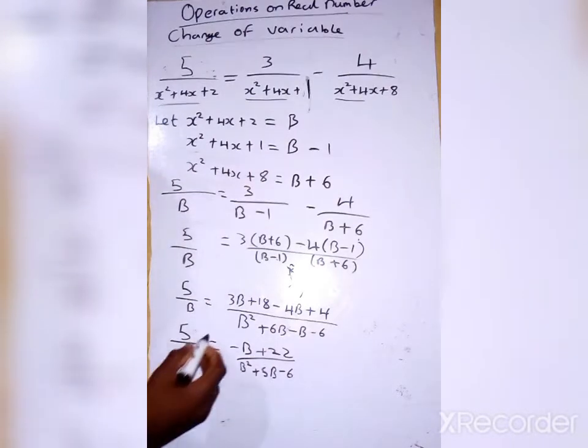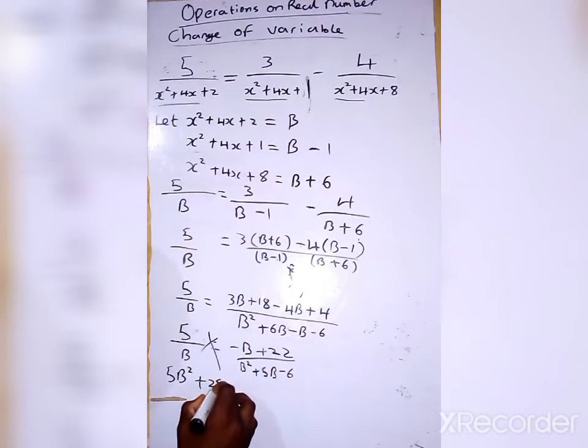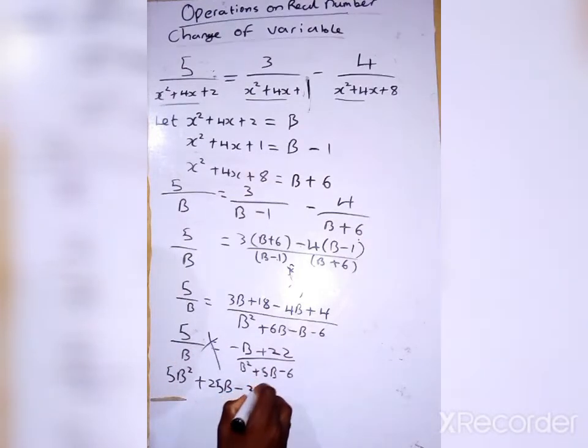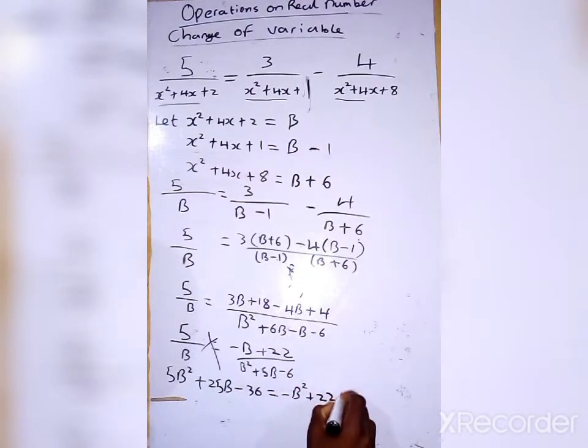Now we cross multiply. By cross multiplying, at the left hand side we have 5b squared plus 25b minus 30, which is 5 times 6, equals minus b squared plus 22b.